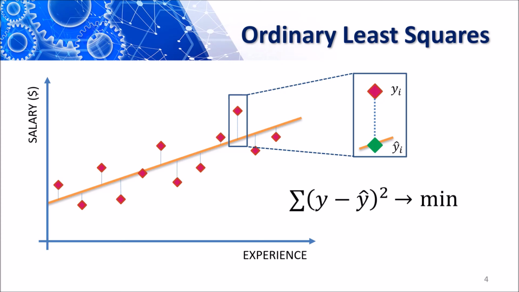It should be somewhere at the green dot, which is about, let's say, $80,000. Now the red dot is called yi, and that is the actual observation. The green dot is called yi hat, and that is the model value.